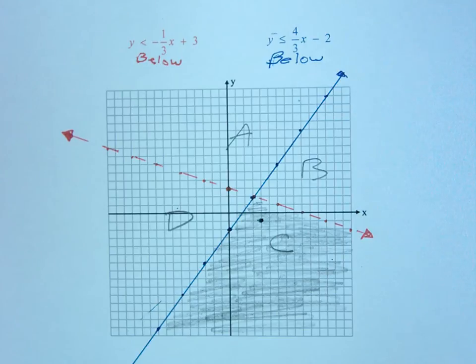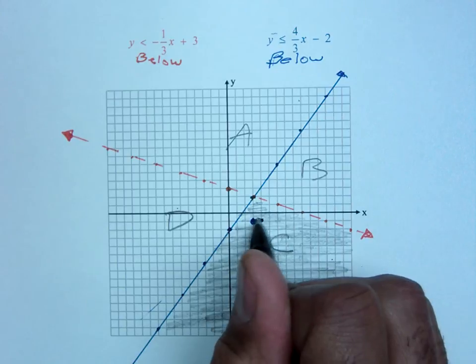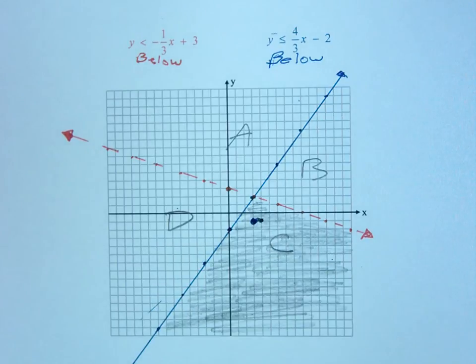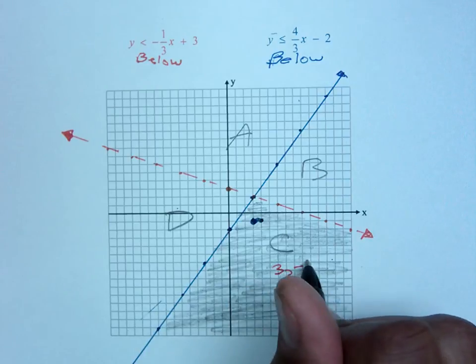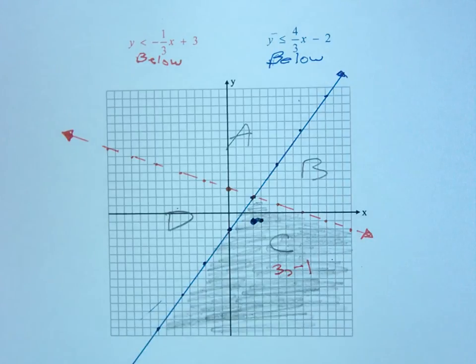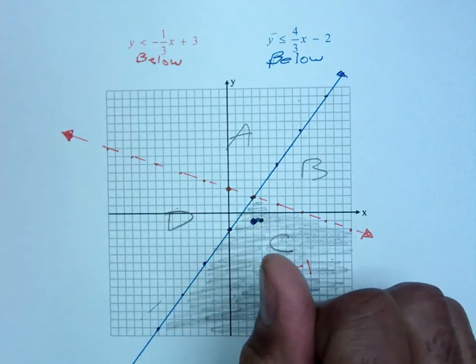I think I'm going to choose another point here. I'm going to choose 3, -1 instead. 3, -1, not 4, -1. That'll be easier to work with. So I'm going to use 3 and -1.